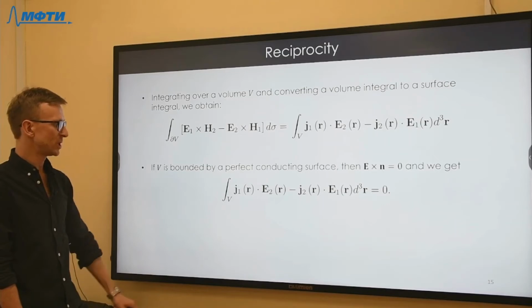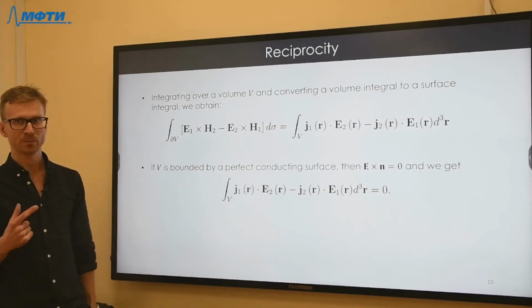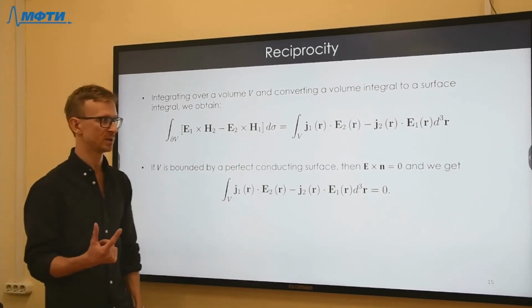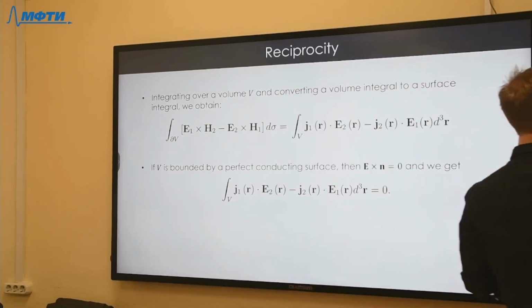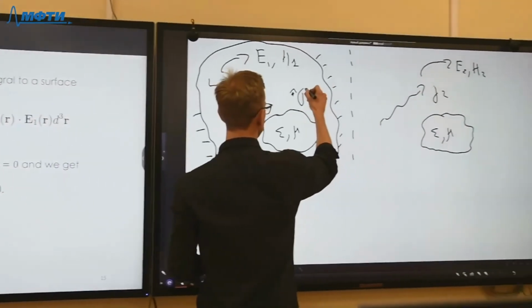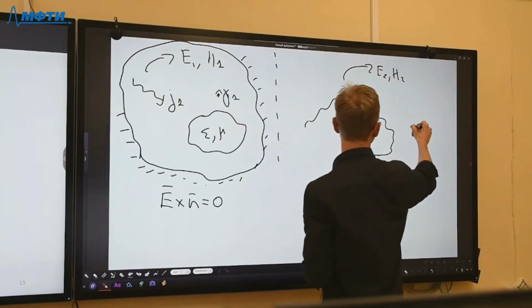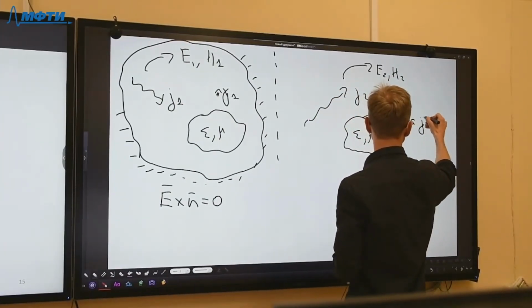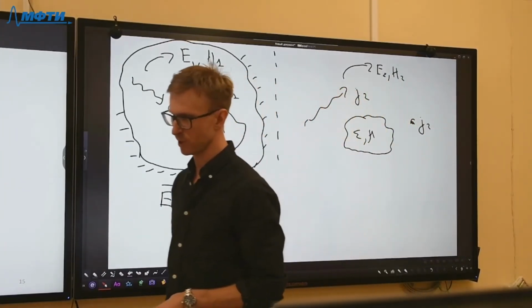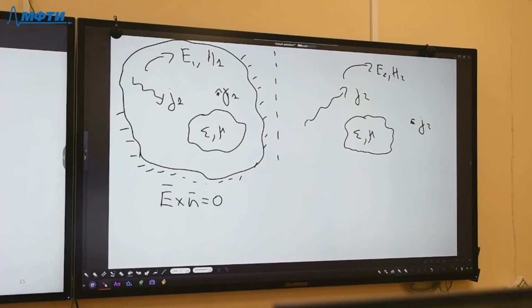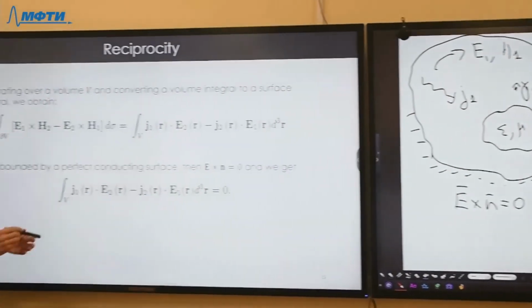Now we're going to assume that J1 and J2 are point current densities, that they are localized at certain points. So this is some J1, and this is J2. Localized at certain points R1 and R2. They don't have to be the same, they can be different, and they can be located at different points, but they are point currents.